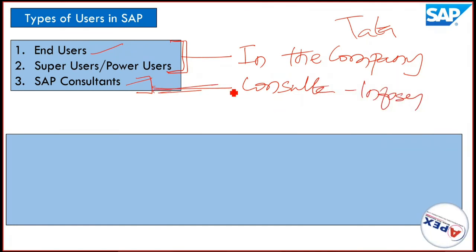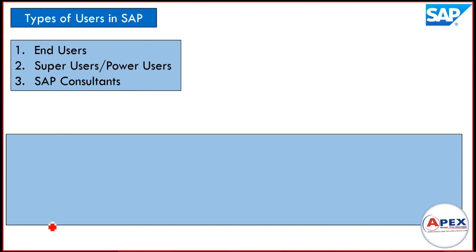They are not going to work in Tata Motors. Whatever problems or issues they get, they will update the SAP consultant, and he will rectify it and send it back to the end user. This is very important. Got it now?